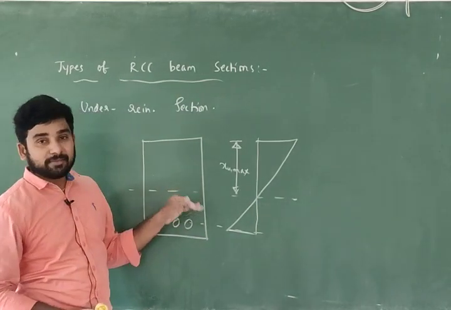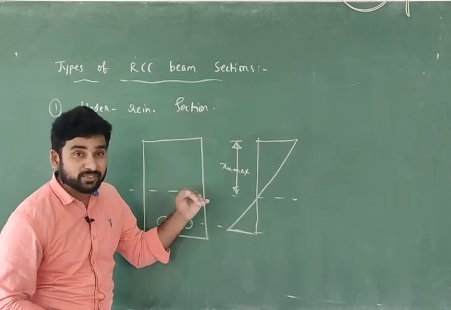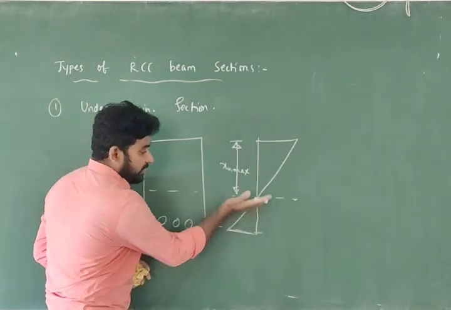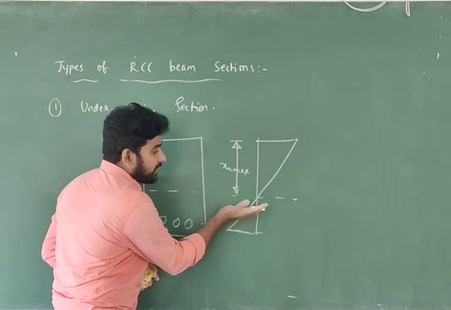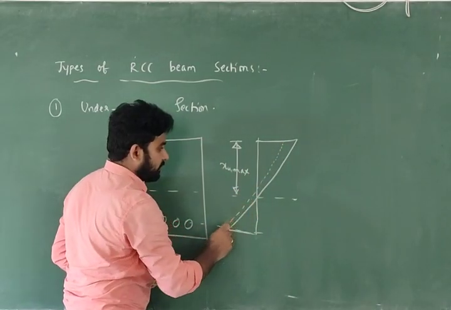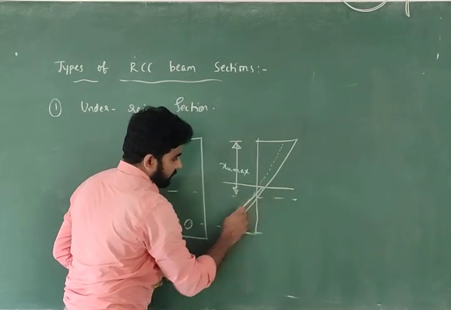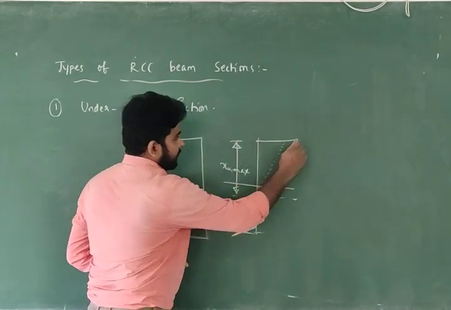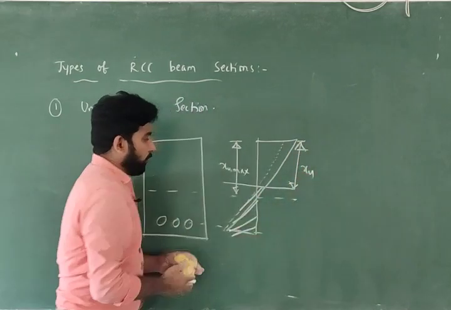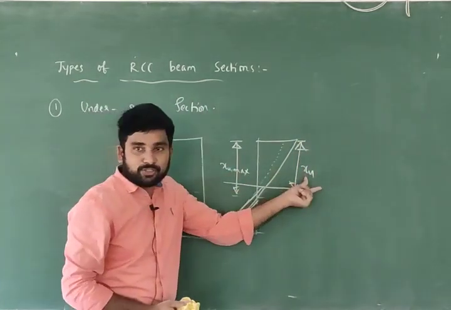So that is nothing but, who is under stress first? Steel will be under stress. Where is steel? This is the steel portion. If steel has more stress, then this is the situation, this is all under stress, and your XU is this portion. Now, is XU maximum more or is XU more?